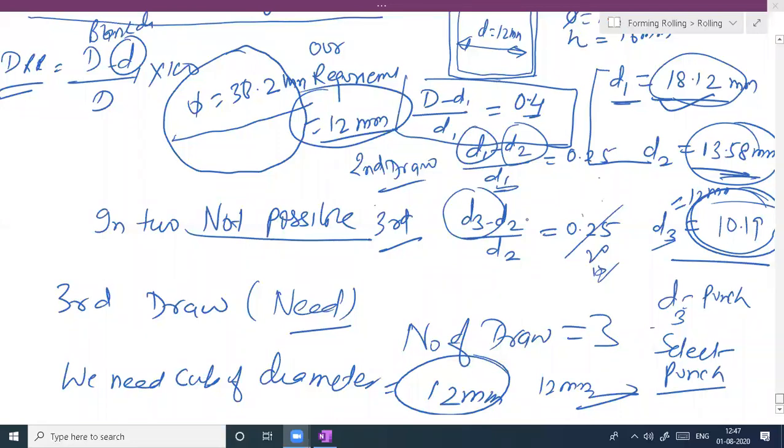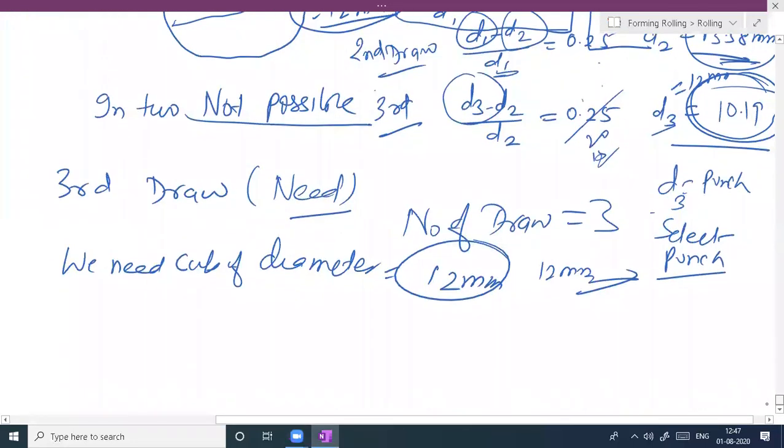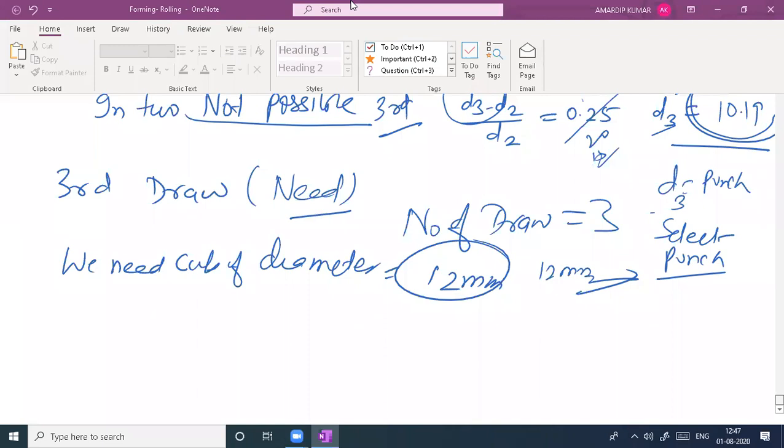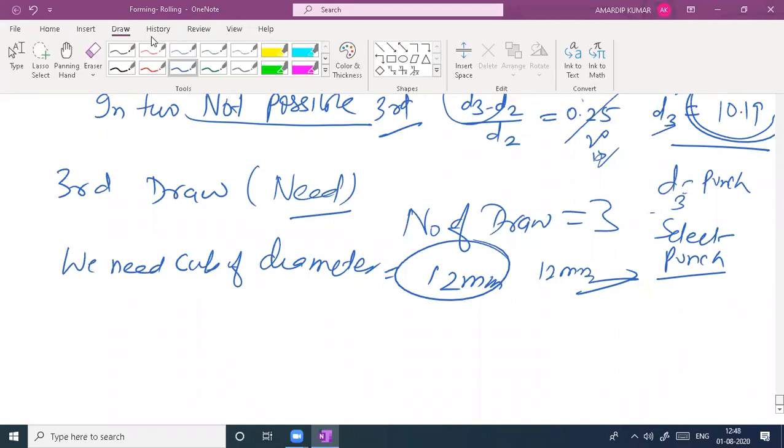So tomorrow we'll discuss. Now, the assignment. You have to submit the assignment. If you are not submitting, it means you are not serious. If you submit, then I can give you the guarantee for GATE.